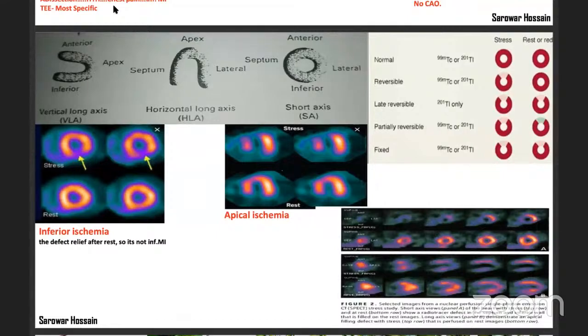For a patient who comes the first time, we have to do CT angiography. But if the patient has a history of previous MI and comes again, then we do this thallium scan. It is better than the dobutamine one.